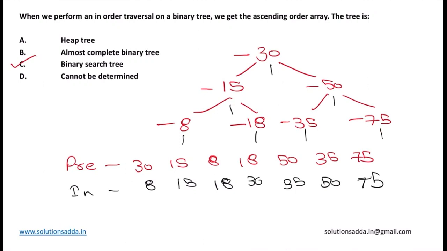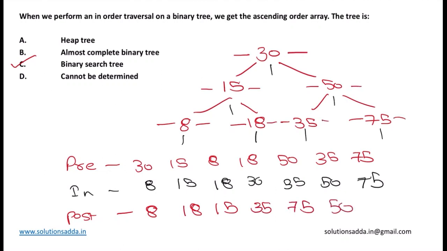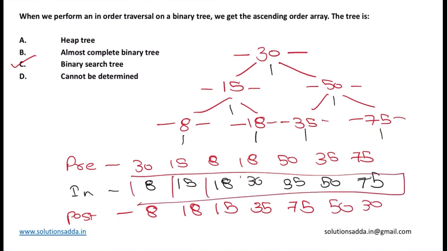And finally, for the post-order traversal, the order we receive is 8, 18, 15, 35, 75, 50 and 30.